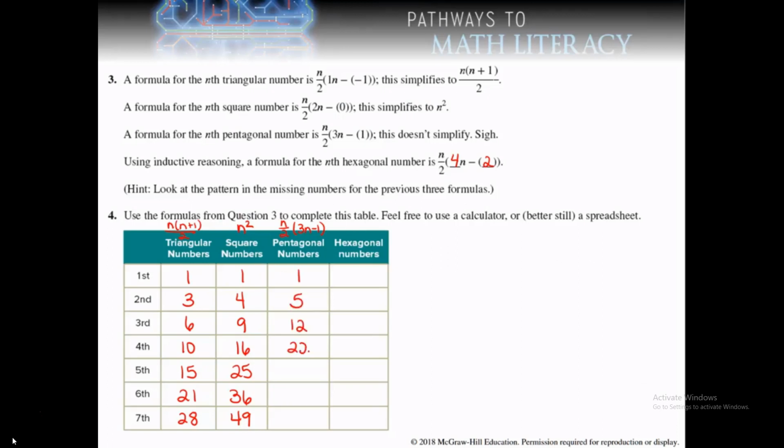And then for the hexagonal numbers, we just figured out that that would be n over 2 times the quantity 4n minus 2. And so those end up being 1, 6, 15, 28, 45, 66, and 91.